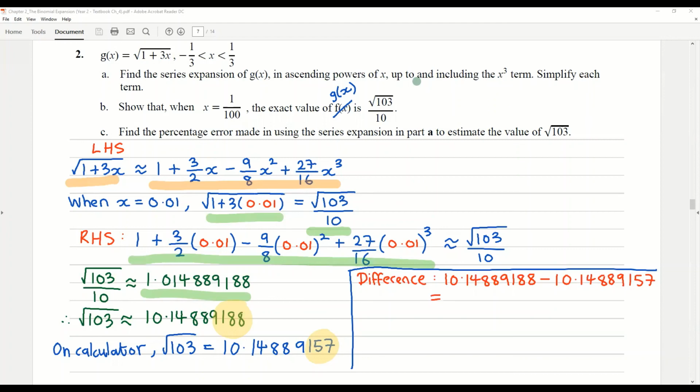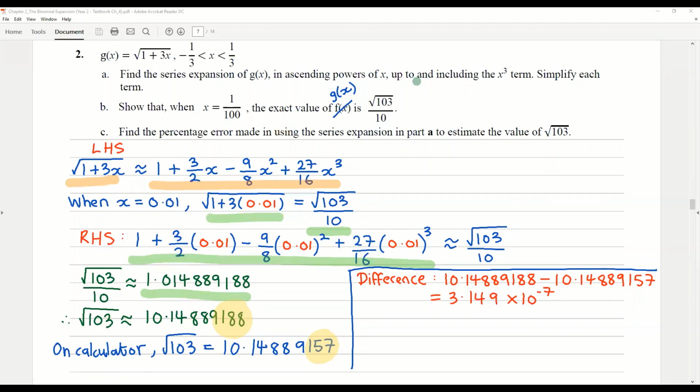Okay, now when you do that, you get a very small number indeed. Now, depending on which value you use will depend on your result here. So if you use the exact value of the square root of 103, what you will get here is 3.149, I'll leave it like that, multiplied by 10 to the power -7, which is an incredibly small number.